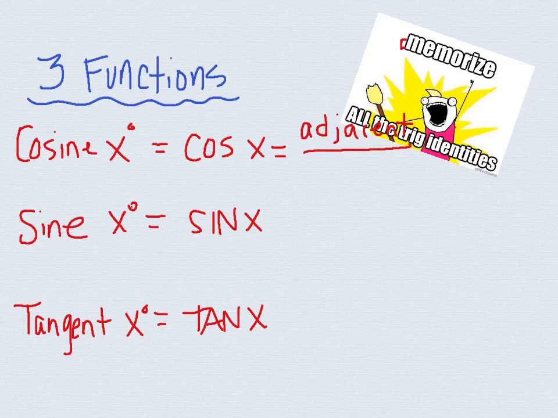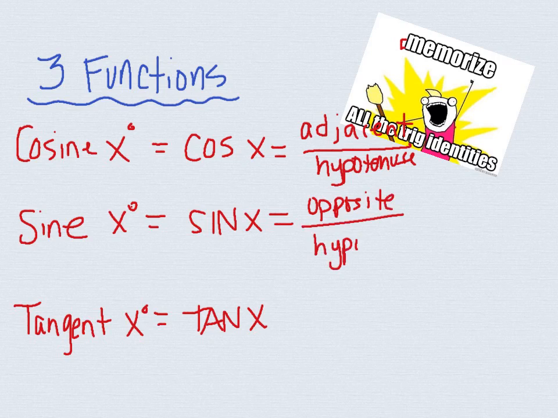So it's the adjacent over the hypotenuse. The sine of x is equal to the opposite side over the hypotenuse. And the tangent of x is equal to the opposite side over the adjacent side.